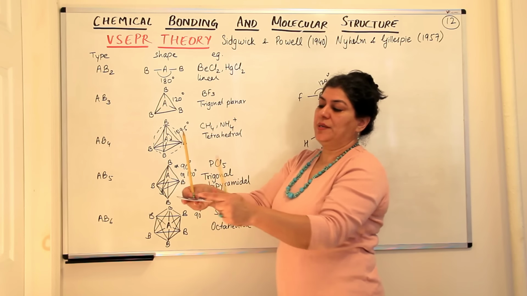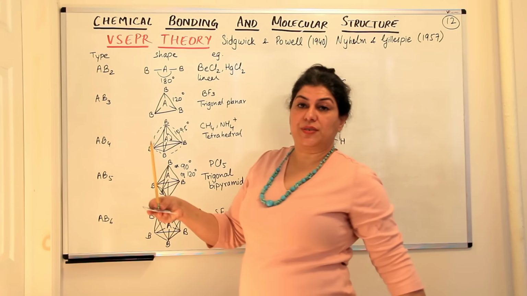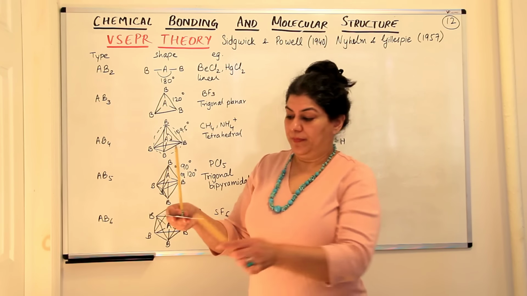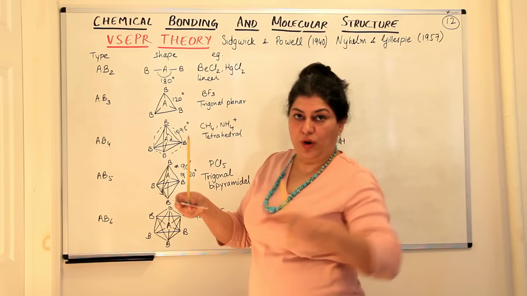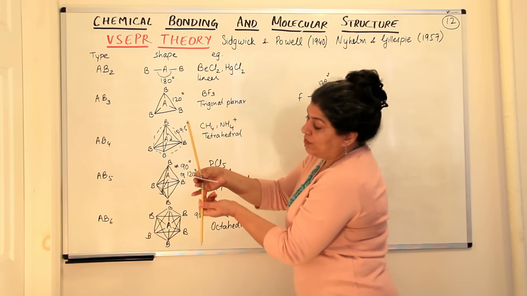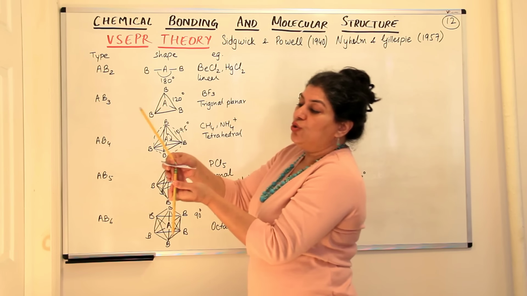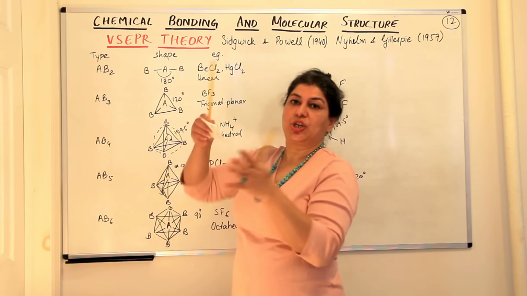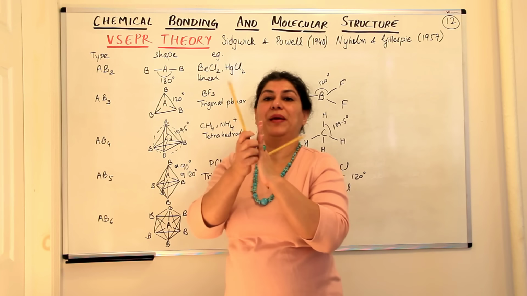So you get a pyramid which has got 4 corners, right? So it is called a tetragonal pyramidal shape. It is a pyramid in which the base has 4 corners. But since we have another bond down here, you can imagine now 2 tetragonal pyramids joined base against base.